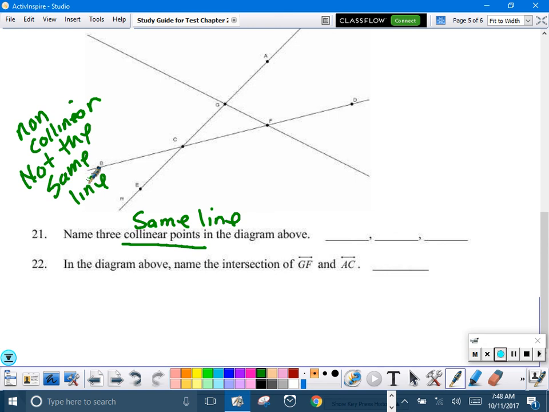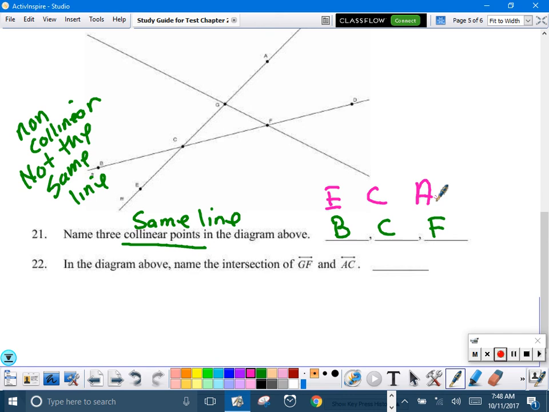Okay, so name 3 collinear points above. All right, you only need 1 letter per line. For example, you could say B, C, F. Okay, you could say E, C, A. Collinear means on the same line. Okay, 1 letter per line.